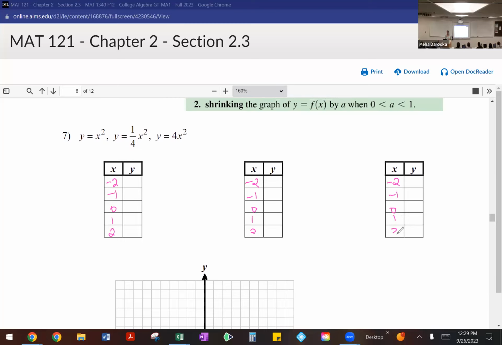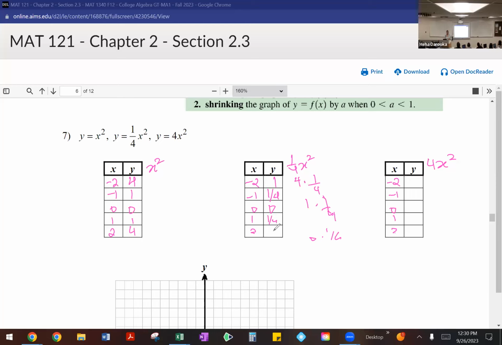This would be the x squared function, this would be the 1/4 x squared, and this guy would be the 4x squared. Let's see, what does this come out to be? 4, 1, 0, 1, and 4. So now think about this. If you took the 4 and multiplied it by the 1/4, what would you end up with? 1. If you took the 1 and multiplied by 1/4, it's 1/4. 0 times 1/4 again is 0.